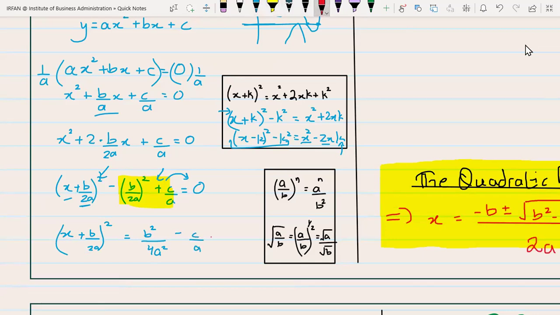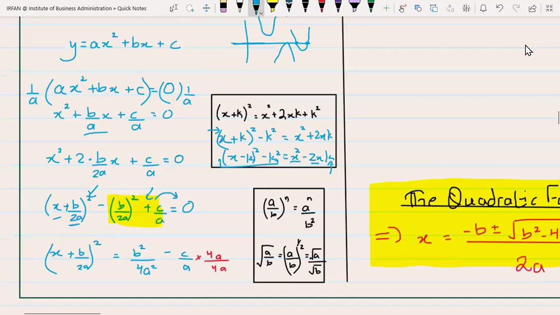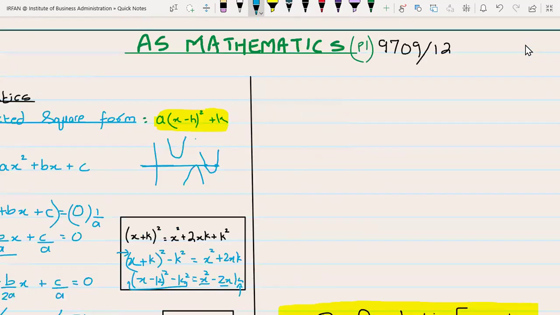In order to take the LCM, we will multiply and divide this by 4a. And now we have x plus b upon 2a whole squared is equal to b squared minus 4ac upon 4a squared, which may also be written as a square of 2a.